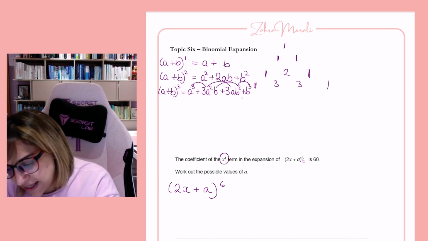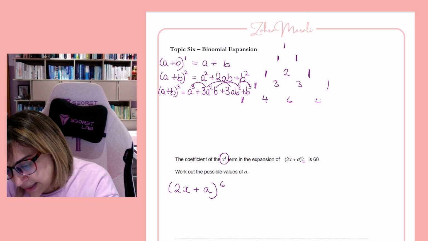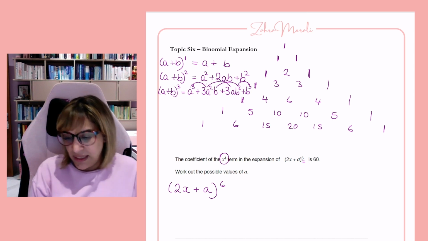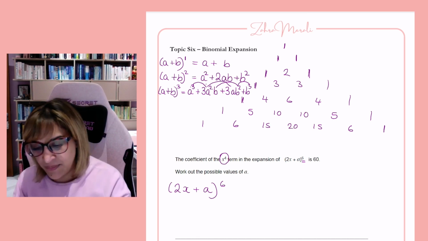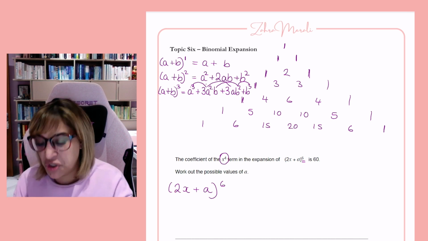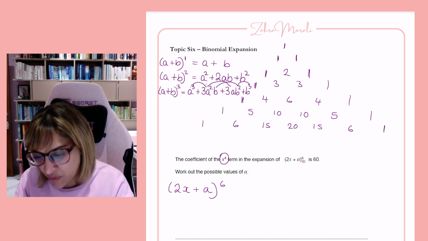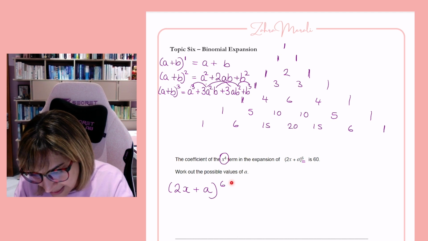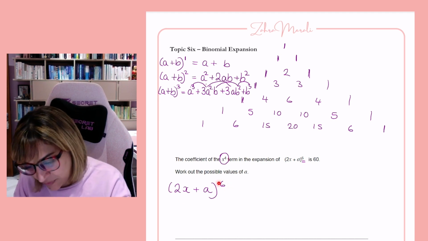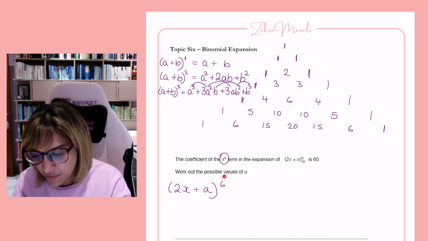So if we go all the way, 1, 5, 10, 10, 5, 1, 1, 6, 15, 20, 15, 6, 1. Right. In the very first term, this one here will be just 2x to the power of 6. Then it's going to be 2x to the power of 5, 2x to the power of 4.